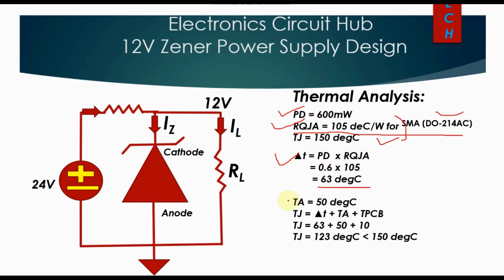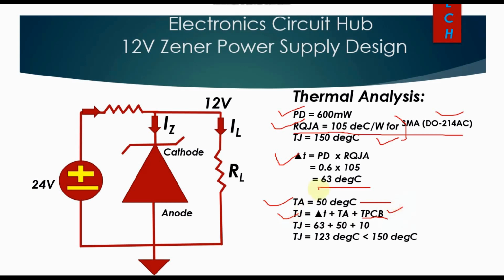Now if your ambient temperature is 50 degree centigrade, it means your Zener diode is working at a maximum of 50 degree centigrade. So you have to find the junction temperature. Tj equals delta T plus Ta plus Tpcb. Maybe you ask, what is this Tpcb? This is the temperature rise on the board, the temperature rise on the printed circuit board.